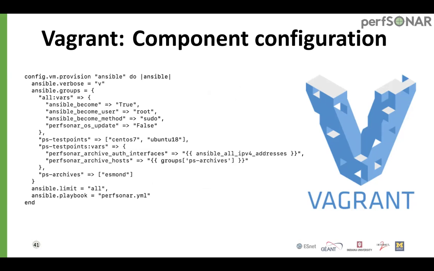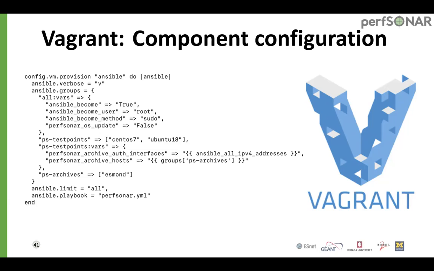One of the things you can do in Vagrant is enact the perfSONAR Ansible variable declarations, and you can define and override them. Here in the Ansible section, for all machines, you're going to need to be able to become root, the method is sudo, and we don't want to update the OS. We just want to say false on that. Then you can see that we've defined a group of test points. One of them is called CentOS 7, one of them is called Ubuntu 18.